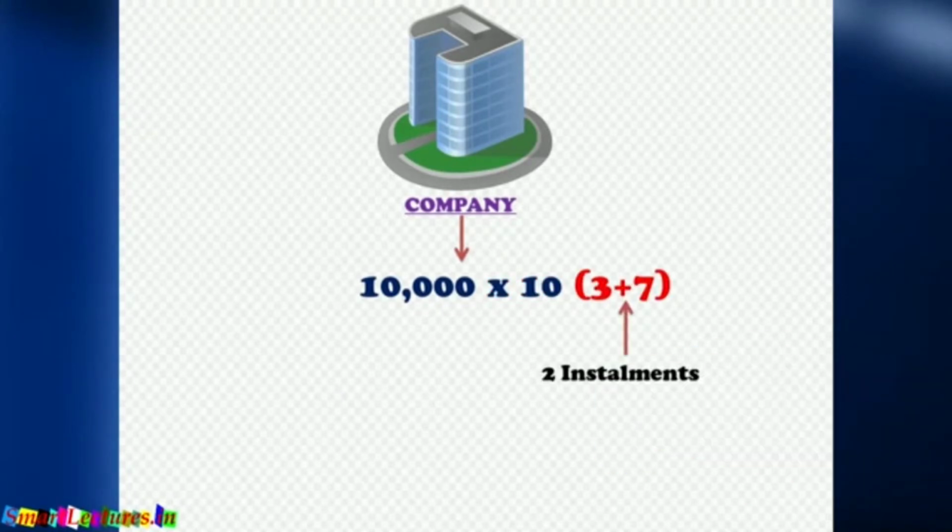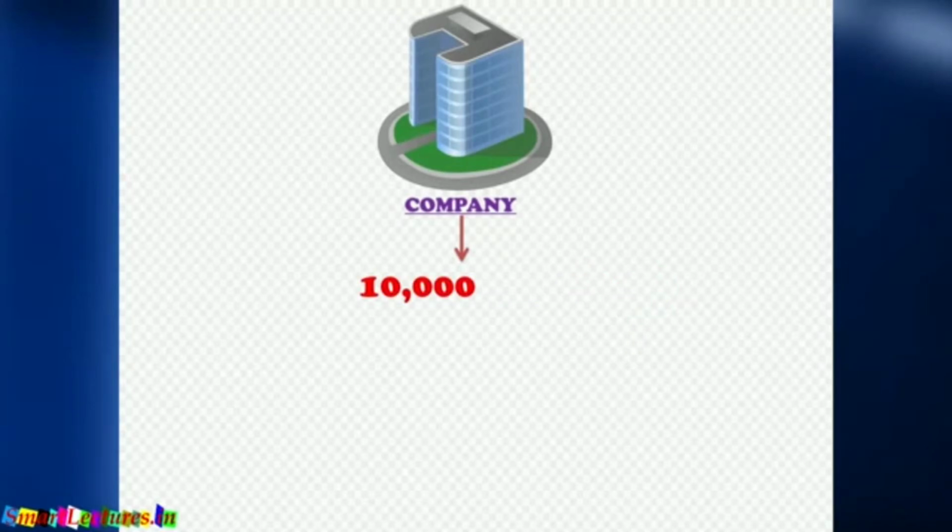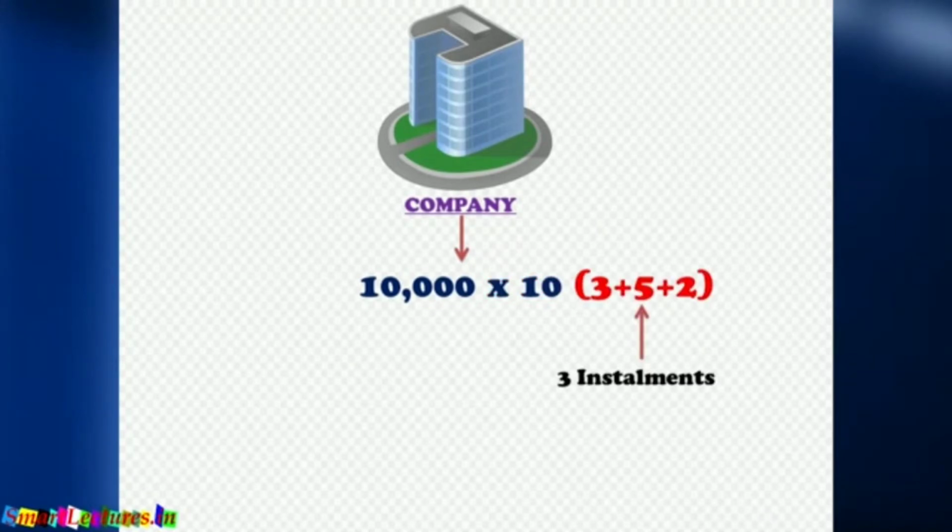It means the face value of the share is rupees 10 and we are getting 10 rupees for each and every share. It is called shares issued at par because the money called is equal to the face value of the shares.